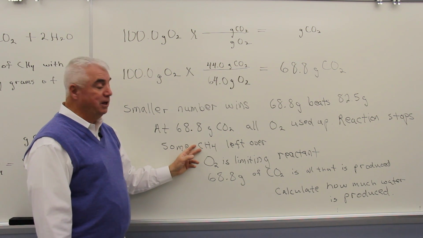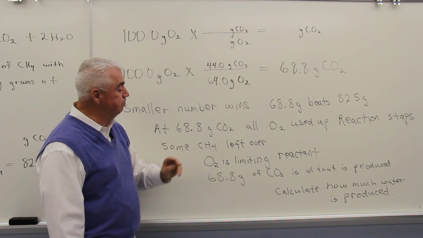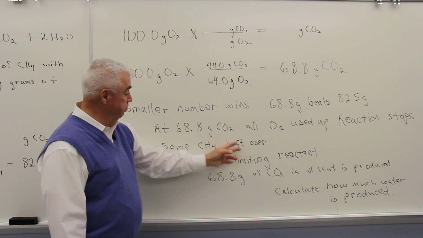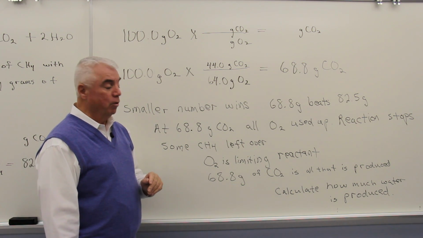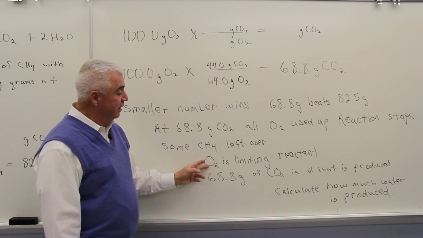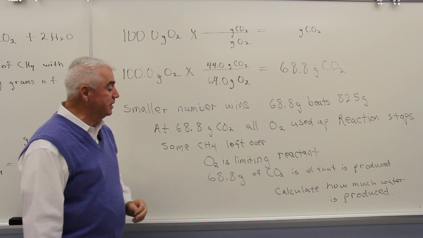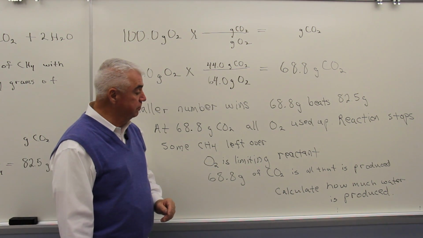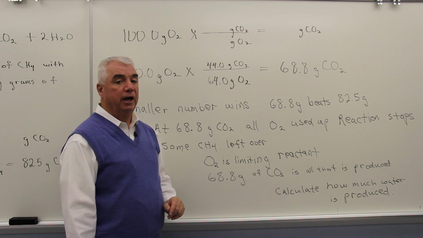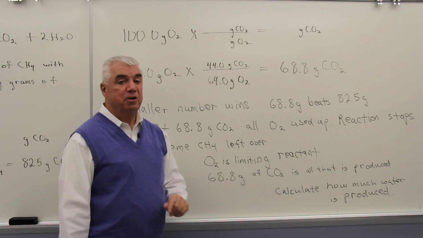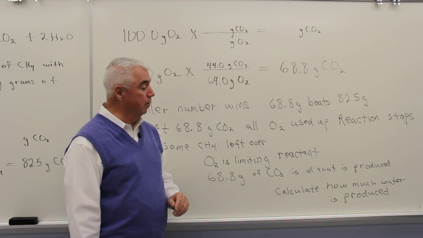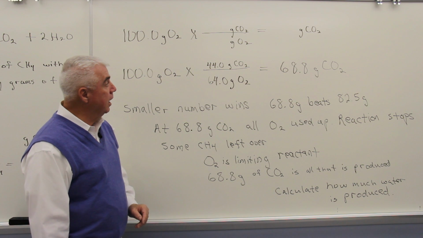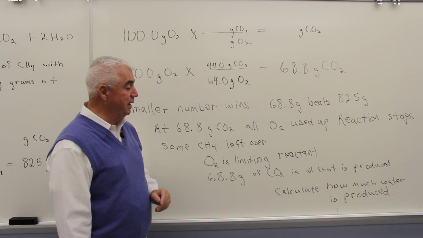That means that there'll be some CH4 left over, or we could say that CH4 is there in excess, O2 is the limiting reactant, and 68.8 grams of CO2 is all that we can get. We could say it's the maximum amount that could form, because all the O2 would be consumed.